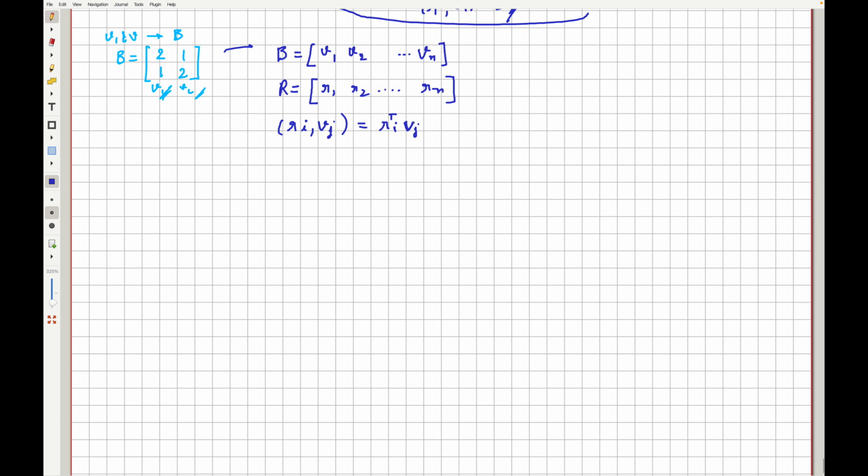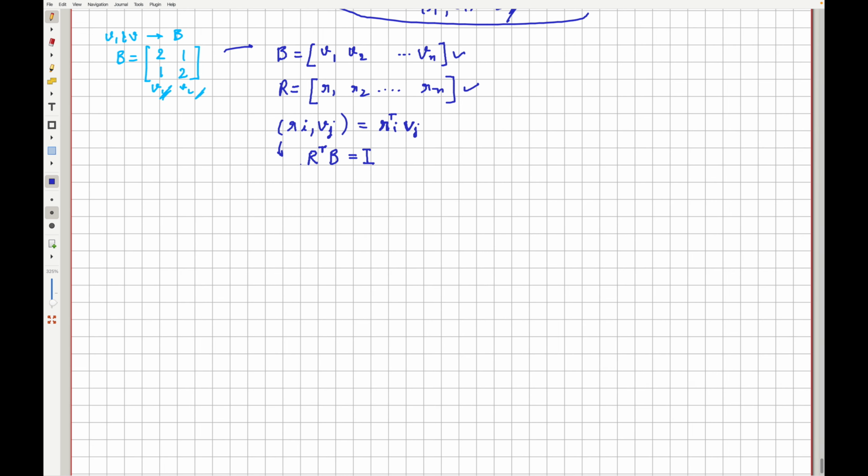In matrix form, we can write it as R transpose B, and that is equal to I, the identity matrix. Here B is what we have here and R is what we have here.